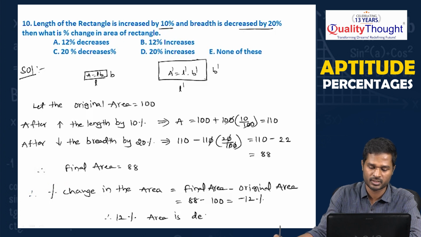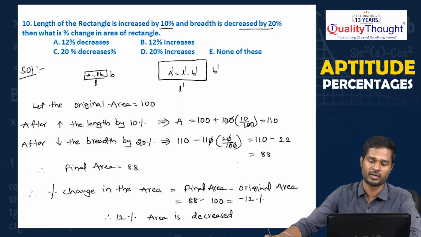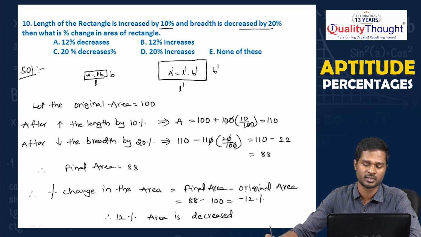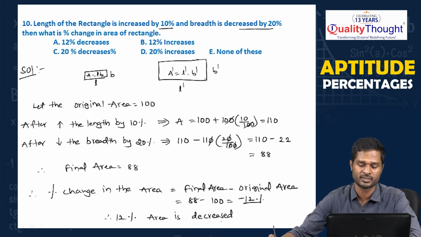So, how can we say it is decreased? Directly we see the value, originally it was 100, now it has become only 88. So, we can say it is decreased, but see here we got the answer in minus symbol. So, the area is decreased by 12 percentage.